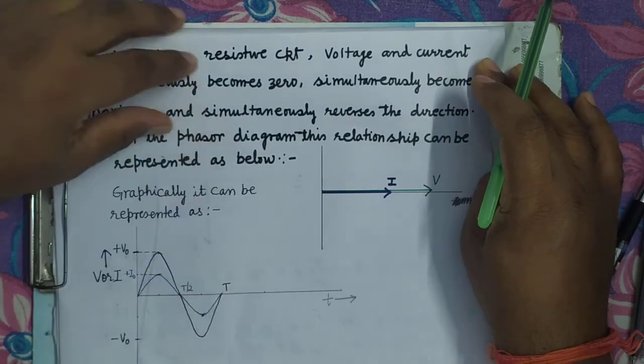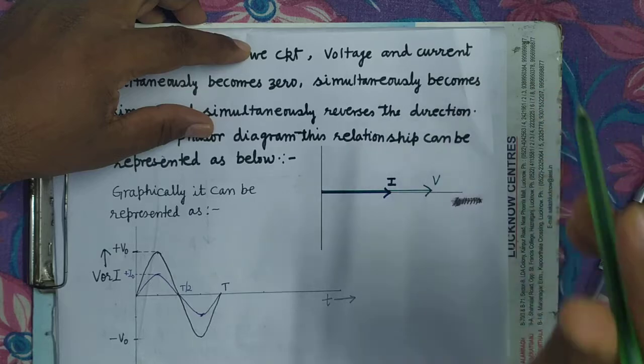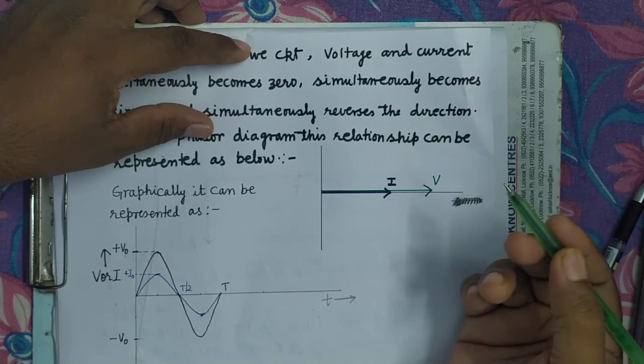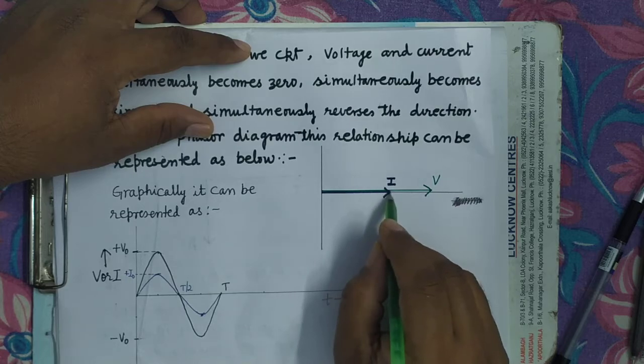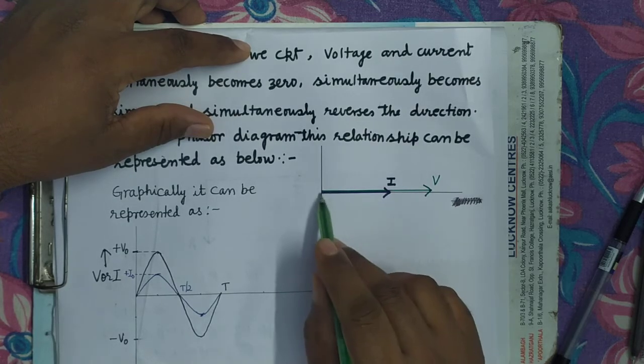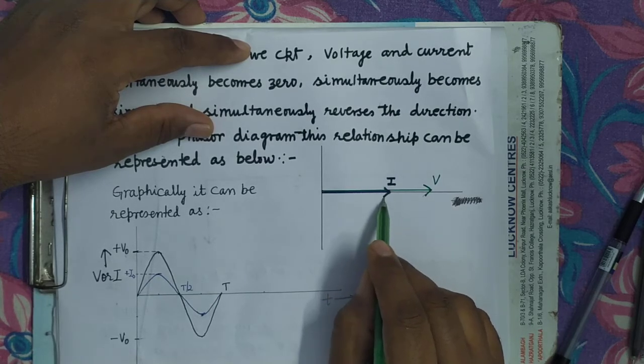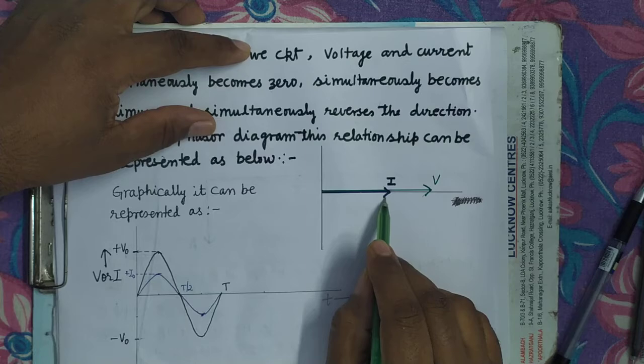On the phasor diagram, how will you represent this? Since the angle between them is 0, there is no phase difference. No phase difference means the angle between these two phasors will be 0. So if one represents the phasor of the voltage, then in the same direction there will be the phasor of the current.